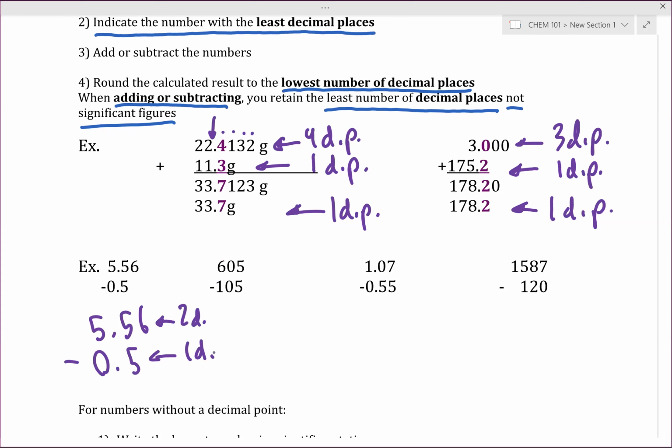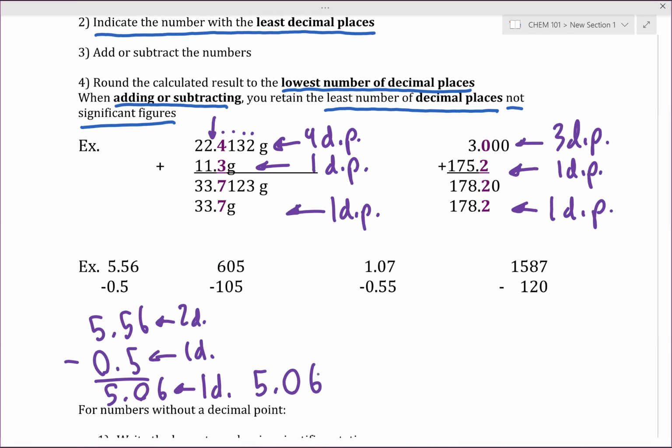So let's enter that into our calculator. 5.06. Now, is this number 100% correct? No. How many decimal places does this number need to have? 1. So we need to round this to 1 decimal place. So looking at 5.06, where is the first decimal place?